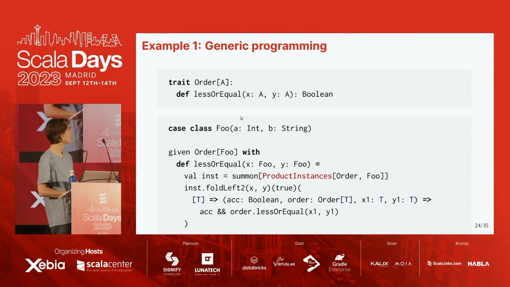But if you're the author of the Order type class, you can use the Shapeless 3 type class derivation mechanism to define a generic way for your users to derive your type class. And you can use this kind of mechanism inside your implementation to work with any kind of case class. So here, instead of Foo, it could be anything, right?